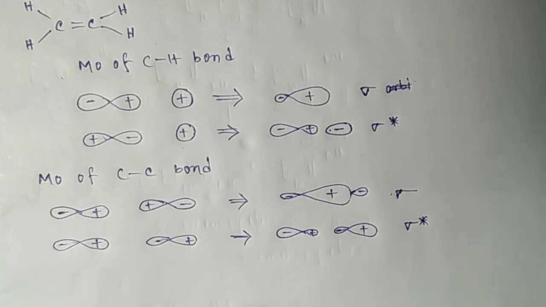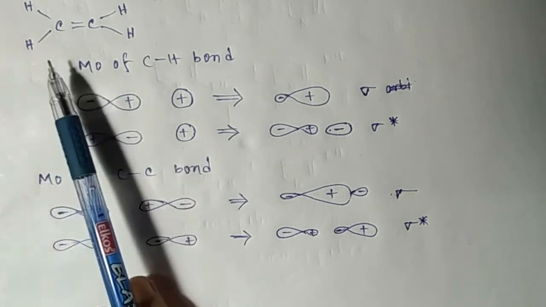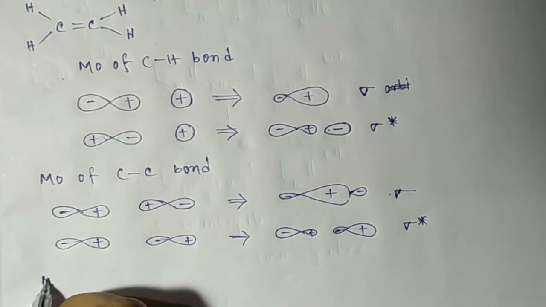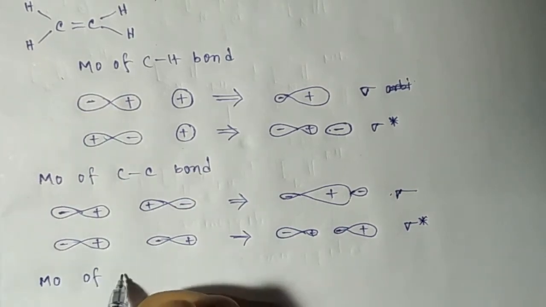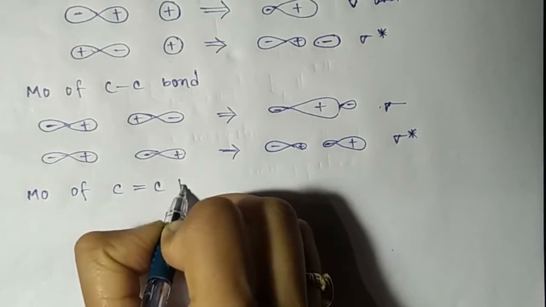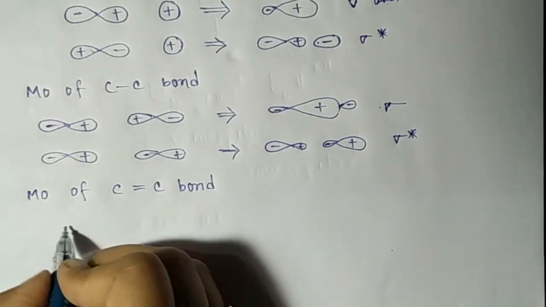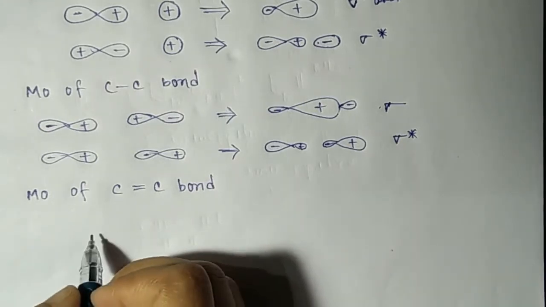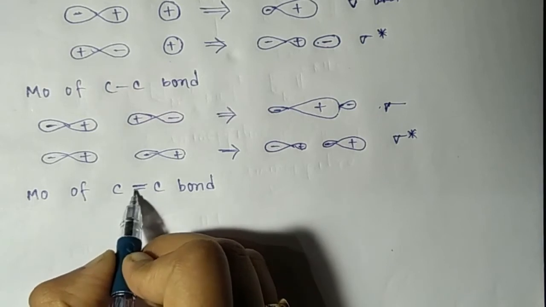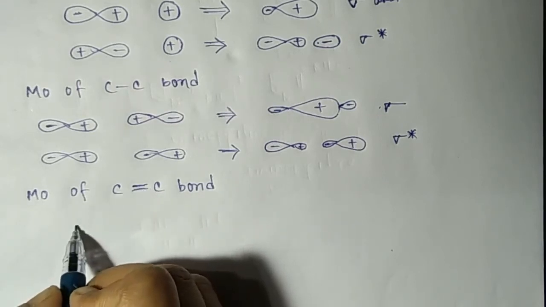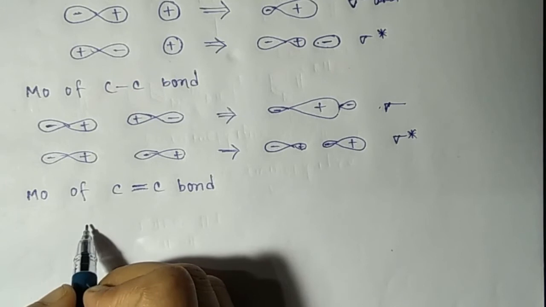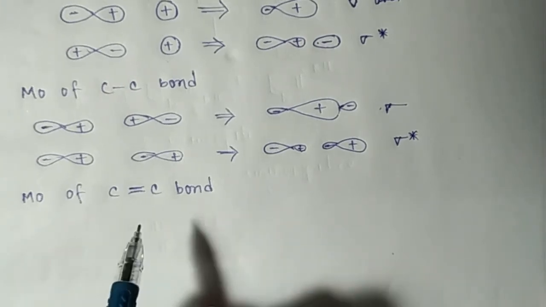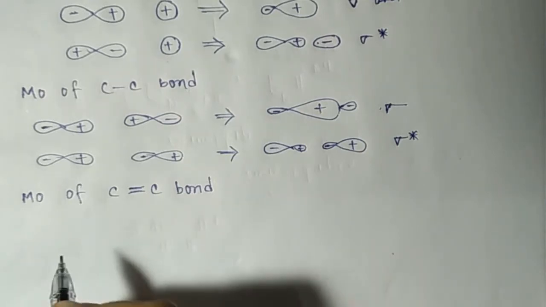Now we will see how the carbon-carbon pi molecular orbital is formed, the molecular orbital of the carbon-carbon double bond. In this case, two types of overlap are possible, and we also know that a pi bond is generally formed by the sideways overlap of two p orbitals, and if the orbitals are along the same axis, then the overlap will be the best.